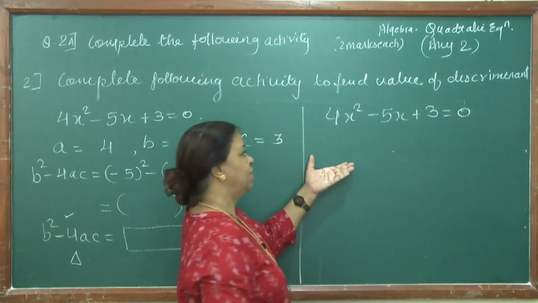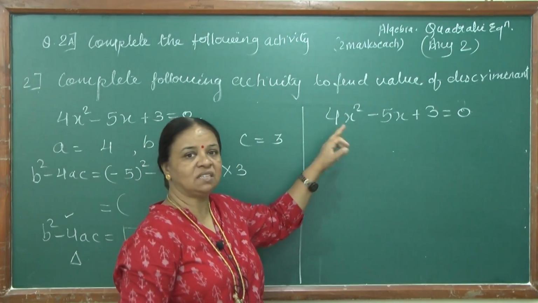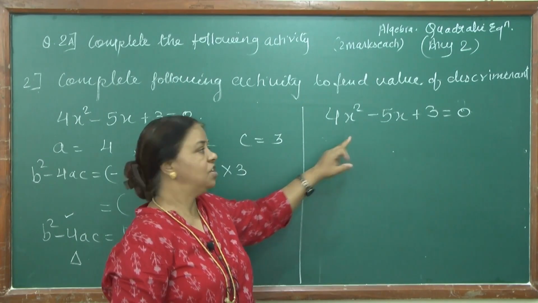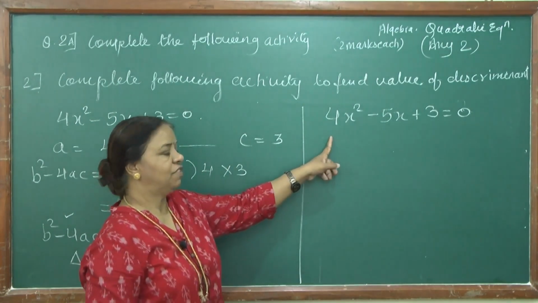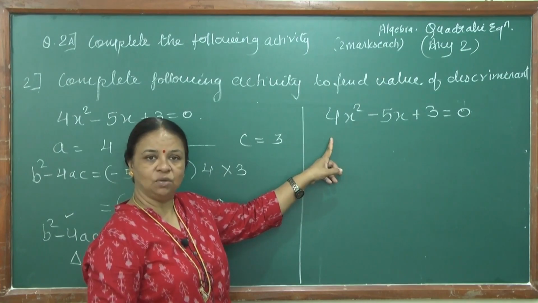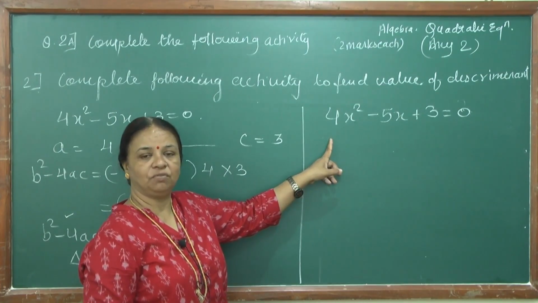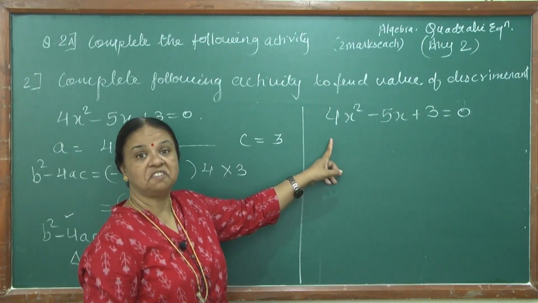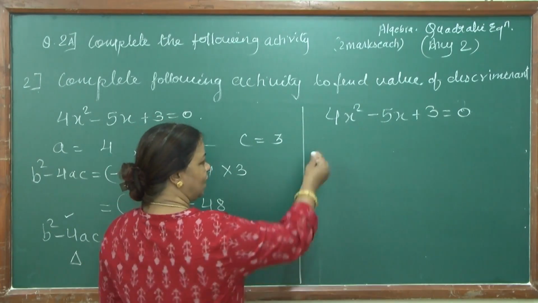Children, when we want to find the discriminant value, we must compare the equation with the general equation, general quadratic equation. So let's compare.